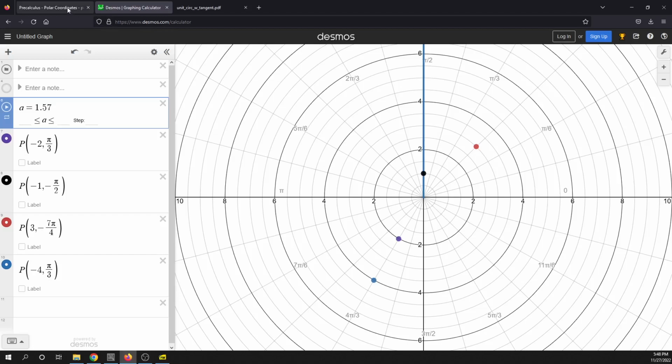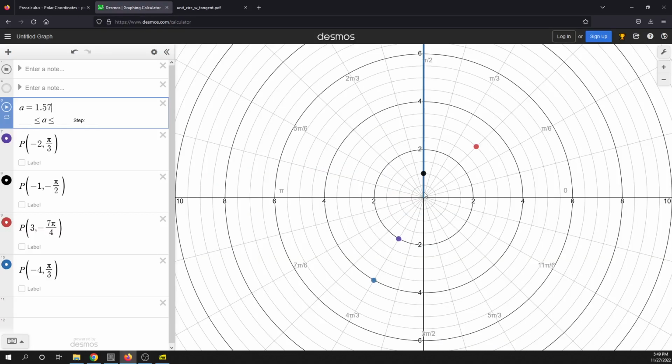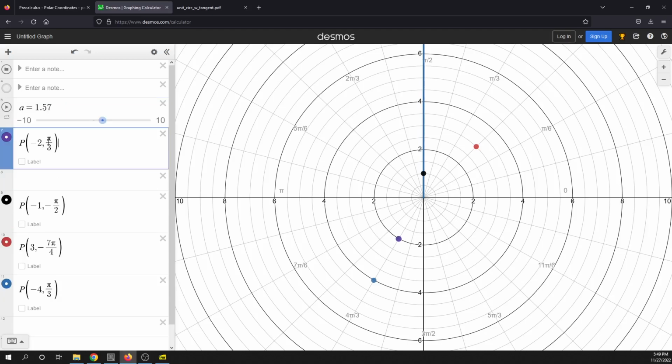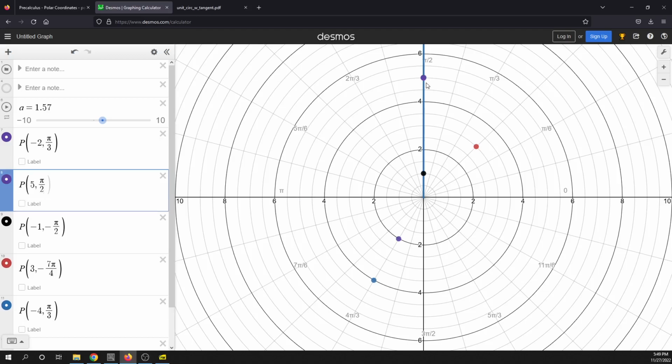And then looking at the r, I have an r of 5, so I would walk in that direction 5 units. So again, that would be halfway between the 4 and the 6 here. All right, and so that's where I would wind up. P of 5 comma pi over 2. So right up here.